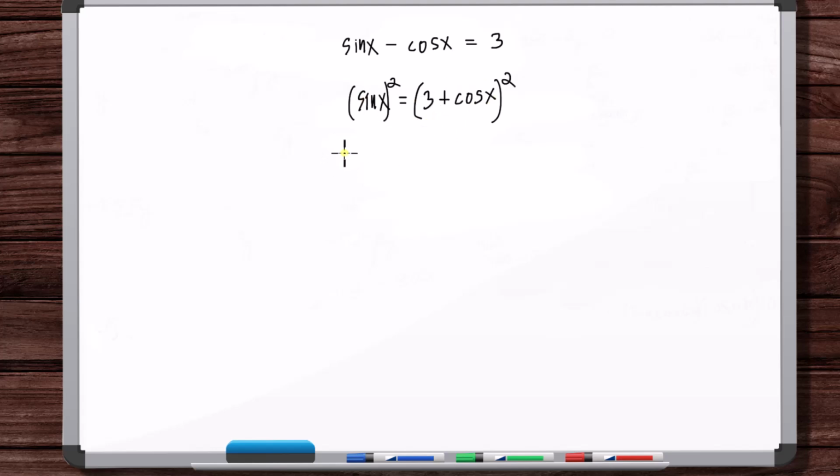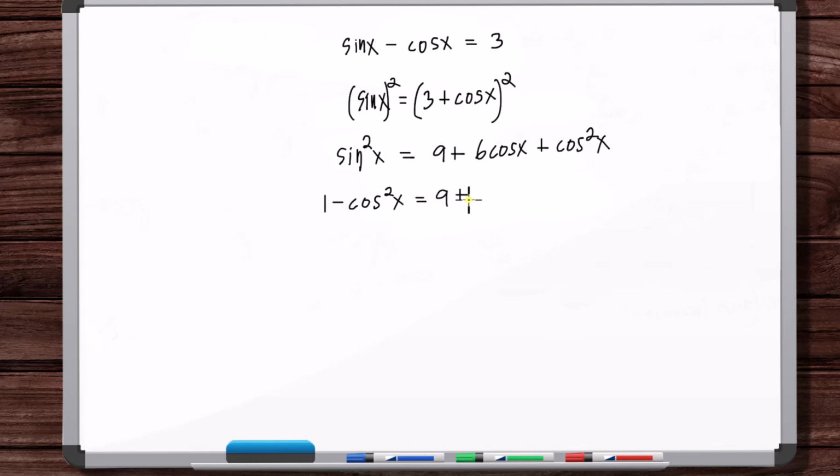So, why do we want to square both sides? Well, let's see. We've got 9 plus 6 cosine x plus cosine squared of x. That's what this simplifies to. But now we can say that sine squared is 1 minus cosine squared.